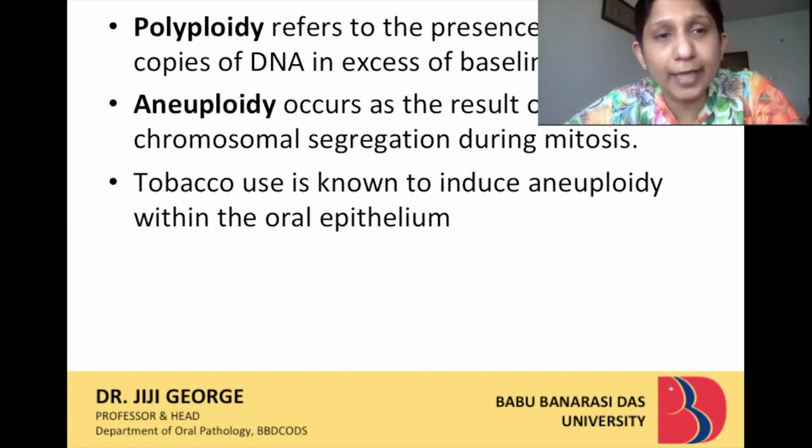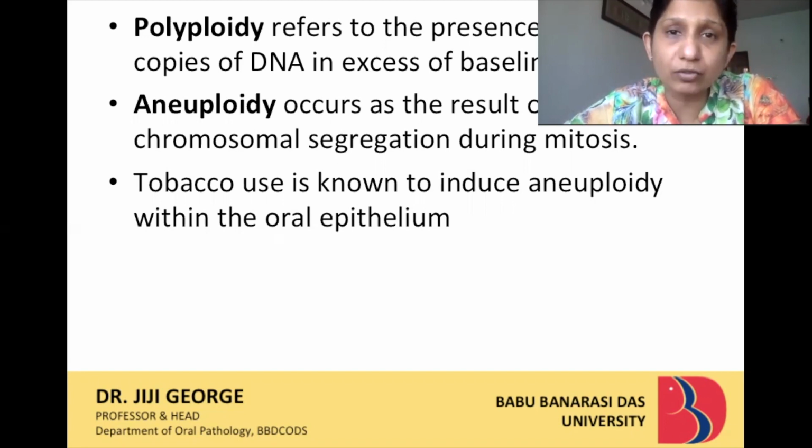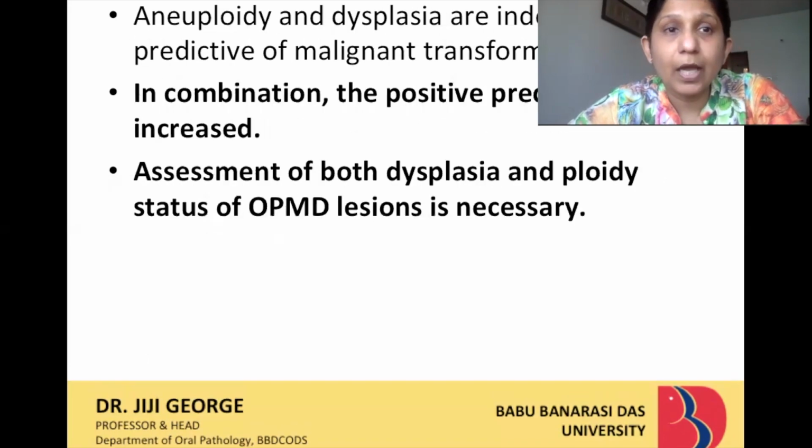So polyploidy and aneuploidy can be seen in a cell which is about to undergo malignant transformation. Tobacco is something which is known to induce aneuploidy within the oral epithelium, which is why tobacco is said to be carcinogenic. Now, aneuploidy and dysplasia are independently predictive of malignant transformation.